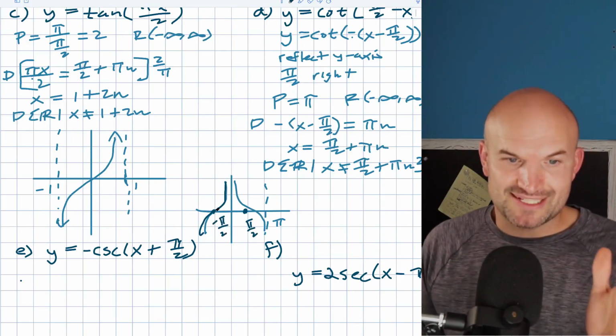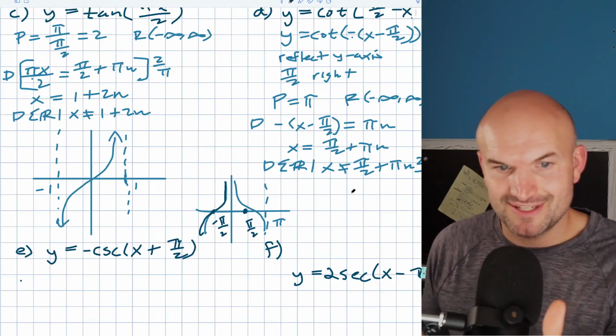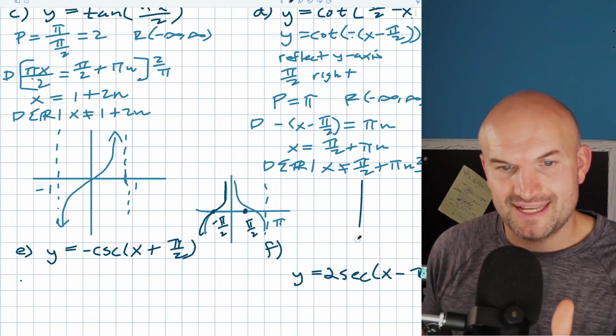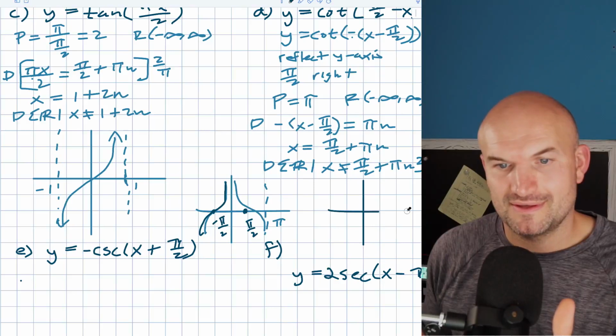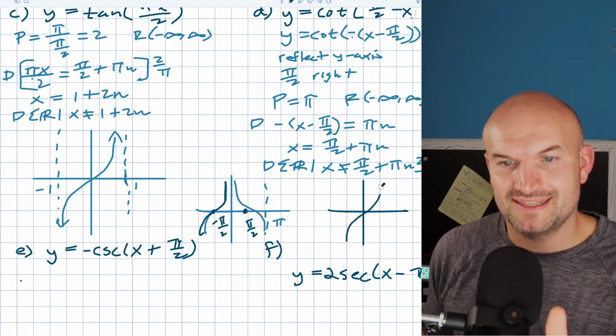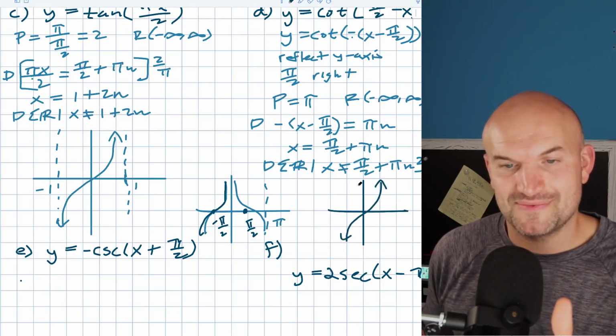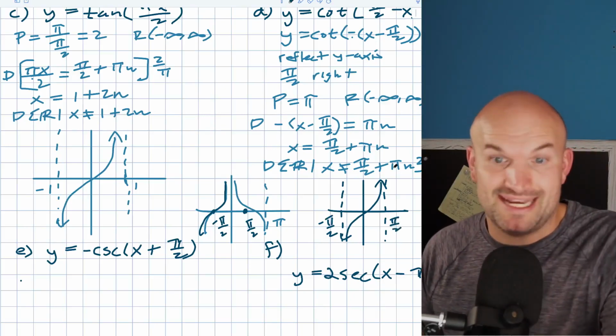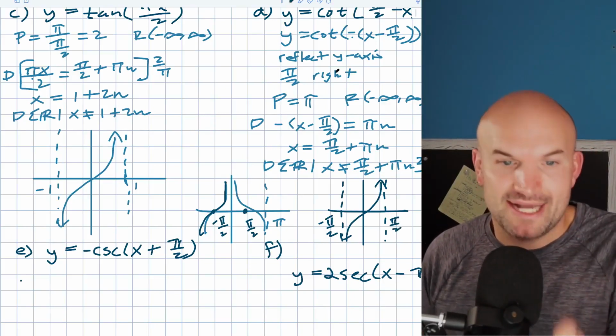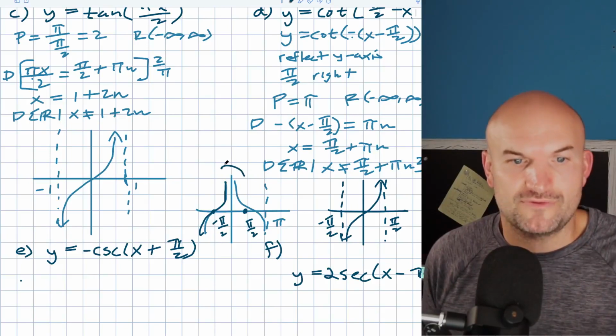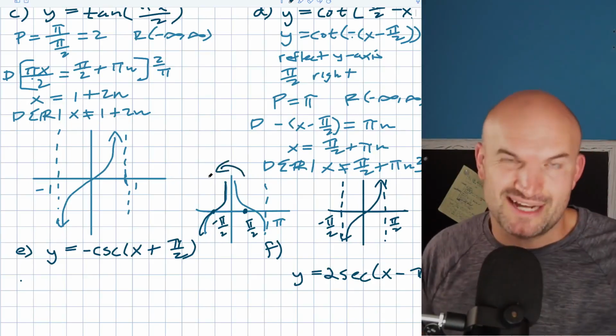Now let's take this graph and shift it over pi halves to the right. And guess what I'm now going to get? I'm actually going to get the tangent graph, which is kind of cool. This asymptote here is at negative pi halves, and this asymptote is at pi halves, which matches my domain. It also matches the reflection. So we reflected it and then we shifted it, a two-part process.